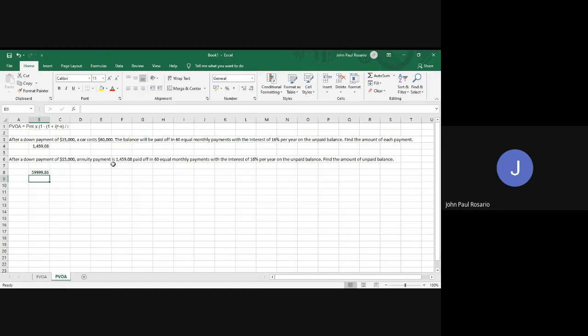So our present value is 59,999.86, or 60,000.